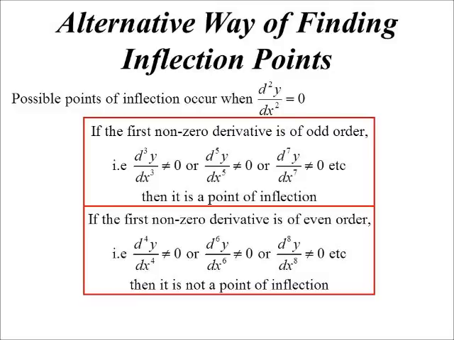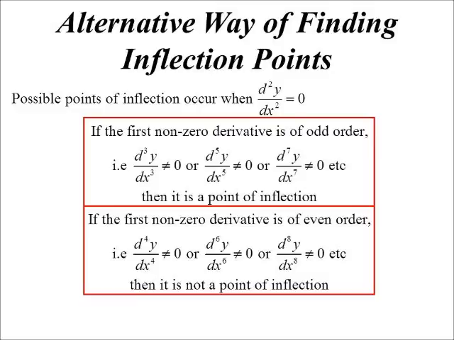Let's have a look at calculus. So y is x to the power of 4. Y dash would be 4x cubed. Stationary points occur, and x equals 0 is a stationary point. We sub it into our second derivative. Oh, hang on, it's equal to 0. That's telling me there's no concavity.